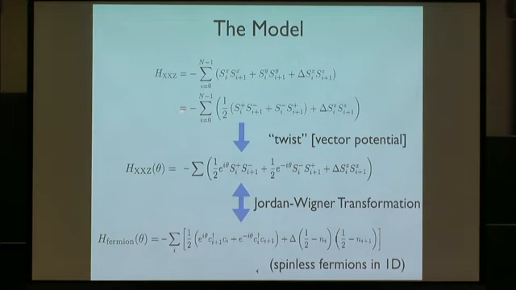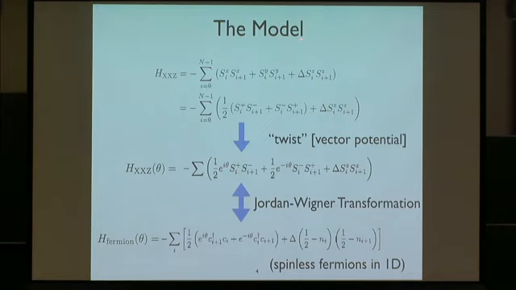Maybe I should say the XXZ model, but of course you can do a Jordan-Wigner transformation to map the system to a spinless fermion problem with density interaction between nearest neighbors. But probably you are more familiar with the XXZ model. So we consider this XXZ chain, which is of course integrable.